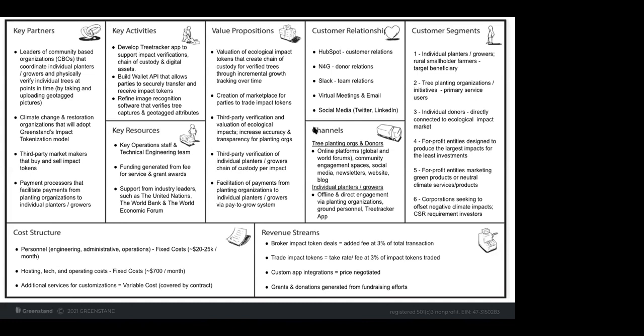We went through the whole exercise of looking at our customer relationships, the segments, the channels, etc. This is something David really helped us define, and I think we spent quite some time to refine it and get it to this state.